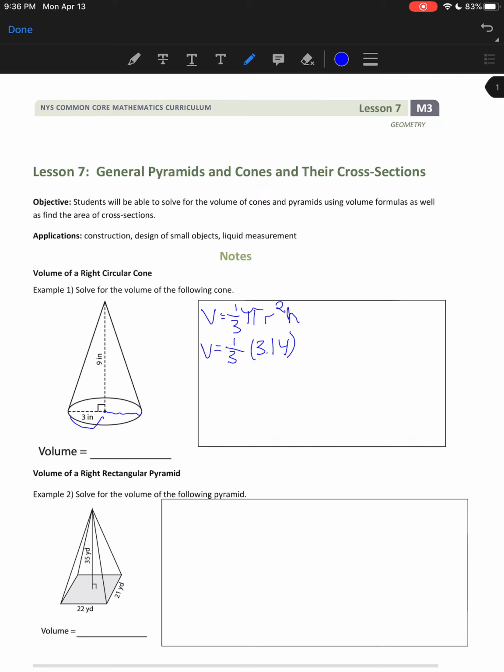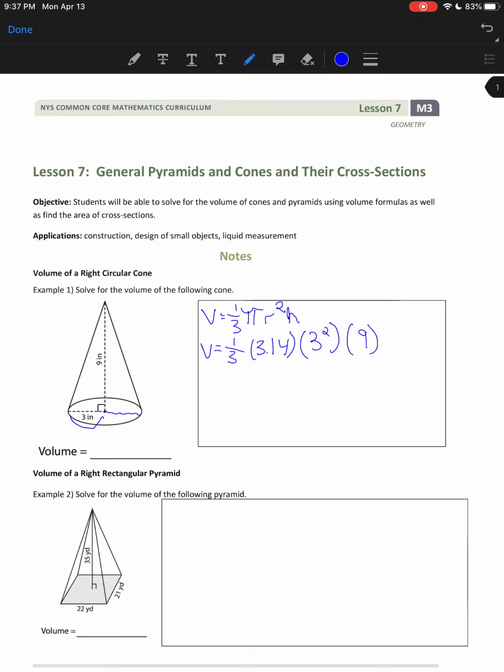But luckily here we are given the radius, so we can simply plug that in. So we have times 3 squared. And lastly, times height. Again, we're clearly given height here. Height is 9.